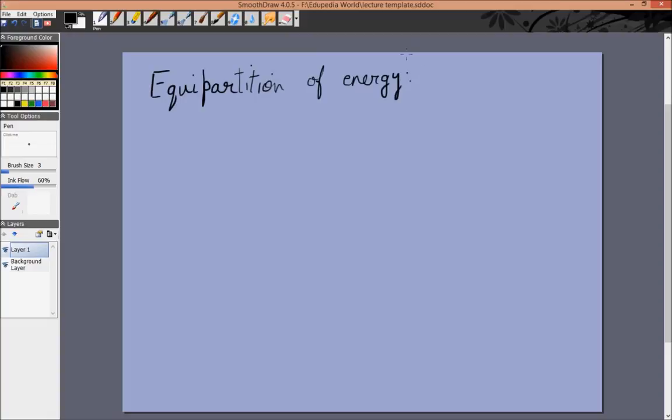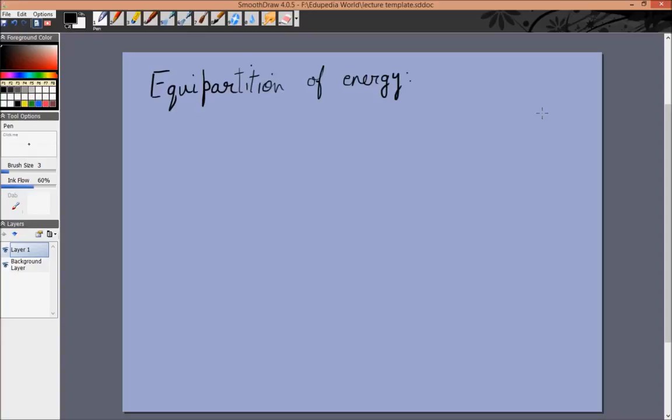Now we'll deal with this topic again in a later chapter on specific heat capacities of gases. And also, I don't really like teaching this topic because there's nothing to teach. I'm just going to tell you a principle. You're hardly ever going to use it, and you're going to prove it if you take physics once you get to college. But everybody tells us it's important in the course, so I'm just going to state it.